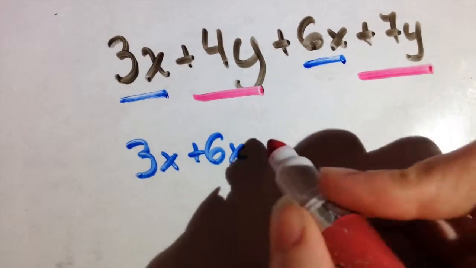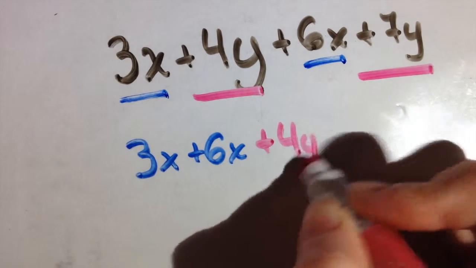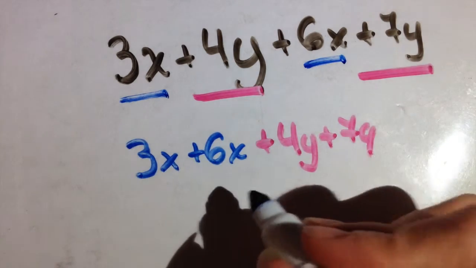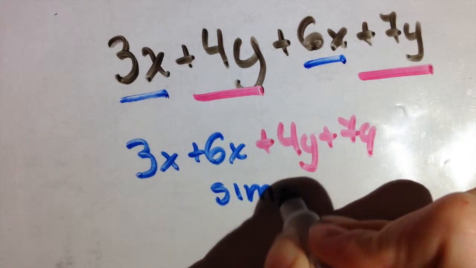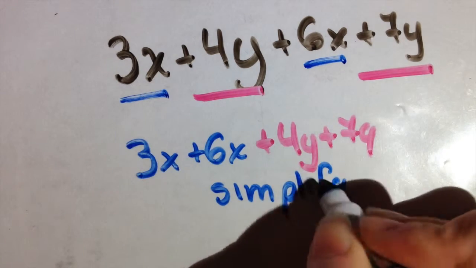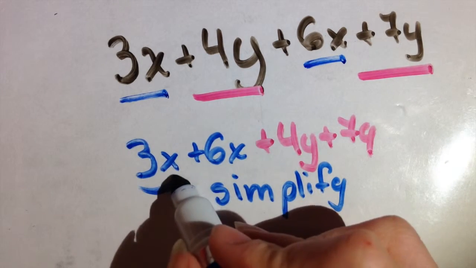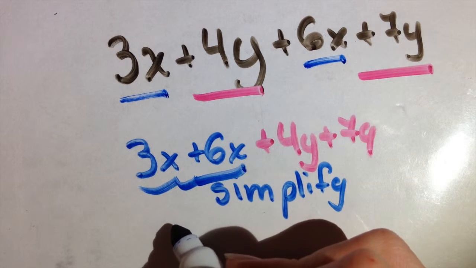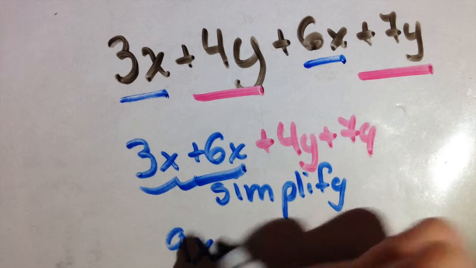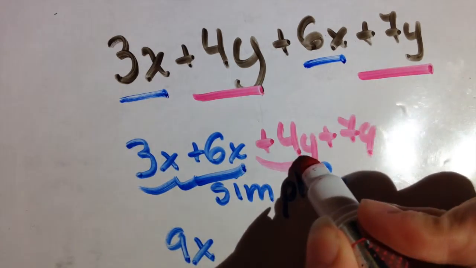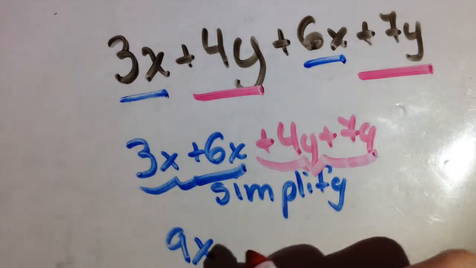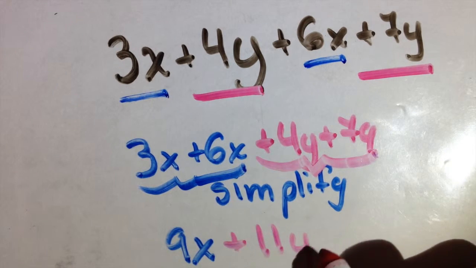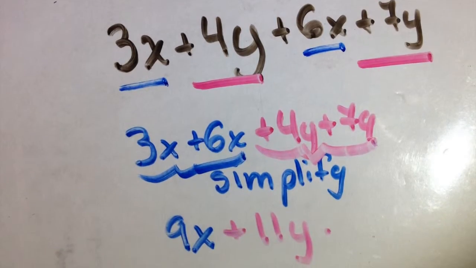So I chose blue for x's, 3x plus 6x, and then pink for y's, so 4y plus 7y. And then you can simplify the equation. So you can add the like terms. So 3 plus 6 would give me 9x, and then 4y plus 7y is equal to 11y. And this is the simplest form that you can get.